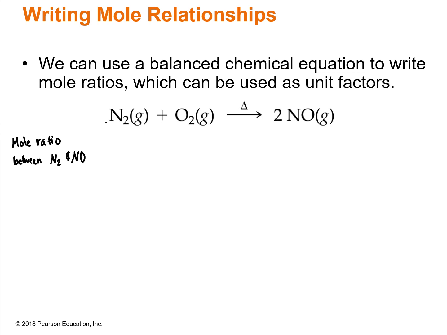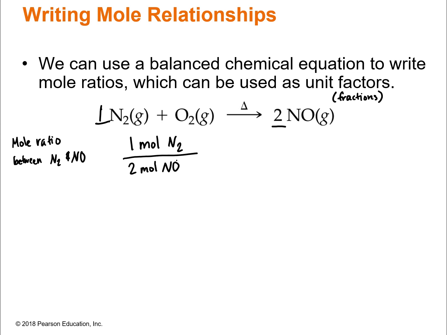What I would do is look at the chemical equation for the coefficients in front of each of these compounds. For the nitrogen gas, there's no coefficient, so we say it's 1. I write 1 mole of nitrogen gas. It's a unit factor, and remember those look like fractions. So I can put that in the numerator. Then I look at the equation for the coefficient in front of the nitrogen monoxide, and it's a 2.